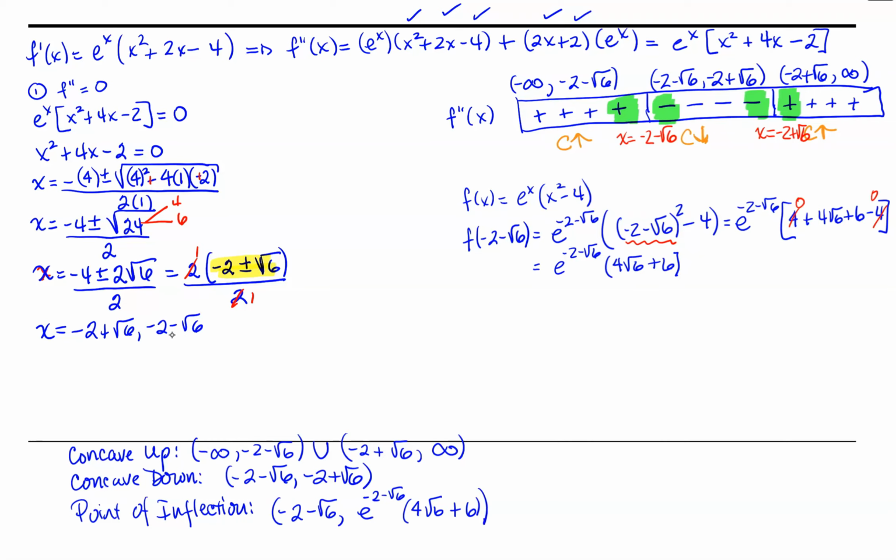Now, evaluating our second point of inflection, the y coordinate, f at -2 plus square root of 6.